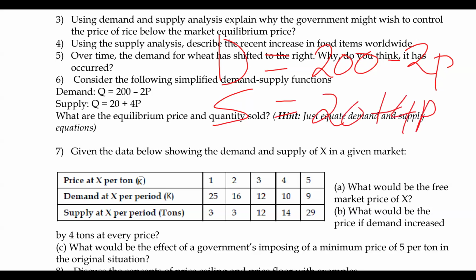So they are telling you, can you find the equilibrium price and equilibrium quantity? Now listen. How can you find equilibrium price and equilibrium quantity?